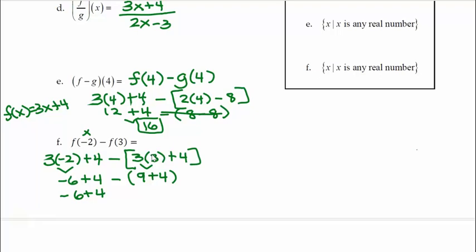But I've got a negative to distribute there, so that's minus 13. Then going from left to right, that's negative 2 minus 13, which gives me negative 15 for the answer.